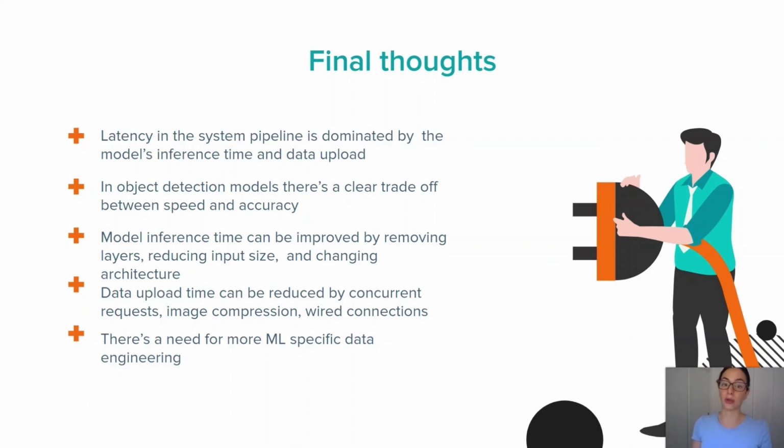So the decisions that you make in those two components are going to have a huge impact on the time it takes for the whole pipeline to run. And specifically in object detection models, there's a clear trade-off between speed and accuracy, but we can also improve inference time by removing certain layers in the model, reducing the input size, or even making changes to the model's architecture.